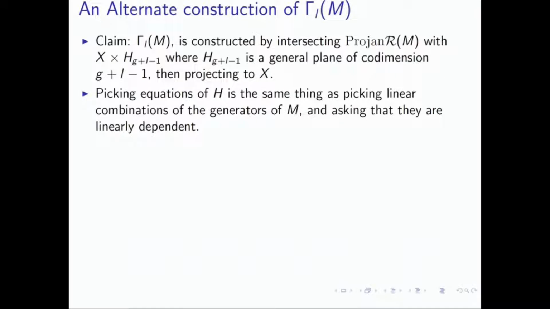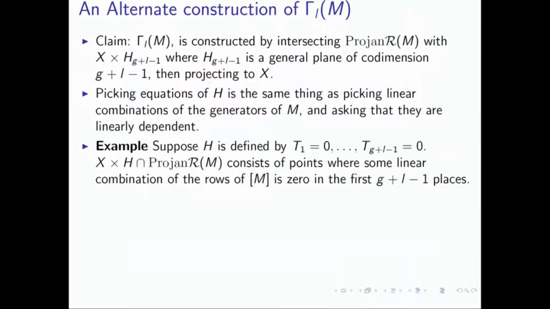Well, picking equations of H is the same as picking linear combinations of the generators of M. So here's an example. Supposing my plane H is given by setting these many coordinates on the projective space equal to 0. Then X cross H intersect the Proj of R(M).